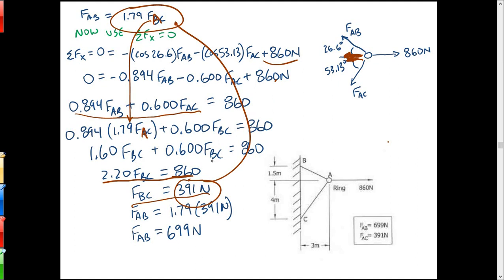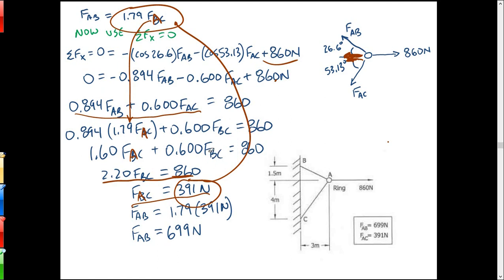AC. 1.60 BC. Oh, man. Okay, that should be, yikes. This is a problem, isn't it? Okay, so the 1.60, where did that come from? That's the 0.894 times, okay, so this should be AC.